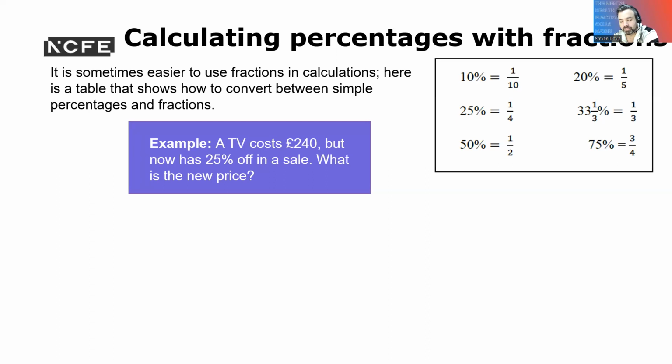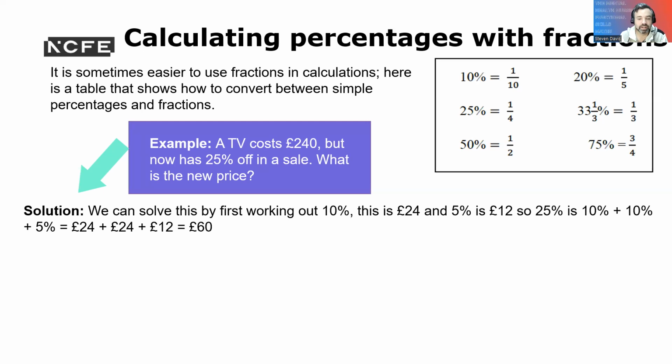So 20% would be another 24. And 5% is half, so that's 12. So that's 24 plus 24 plus 12, which is 60. There we go.